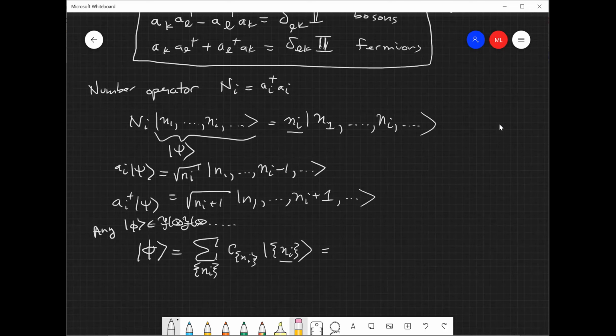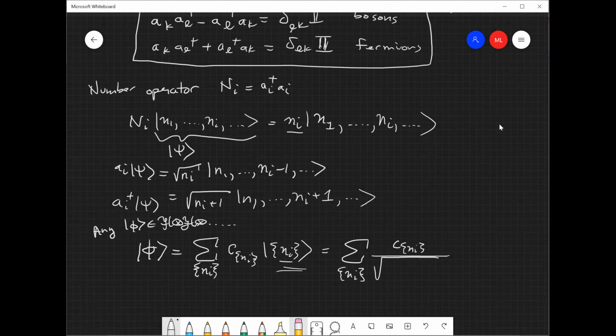Any one of those states you can write as a linear combination of the occupation number states, which is the basis that we're using. And each of those states we can write in terms of the vacuum, because we know how to use the creation and annihilation operators. So you have your coefficients n sub i, and you have your normalizations.